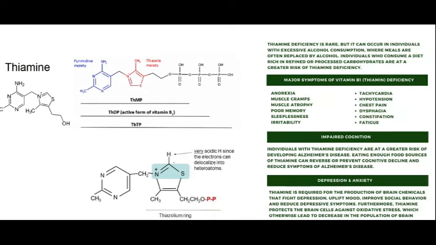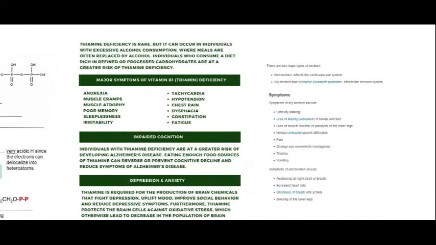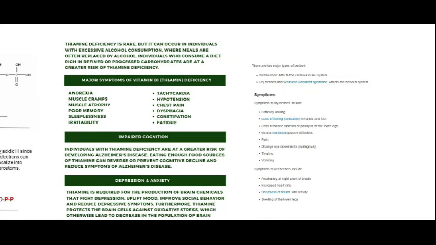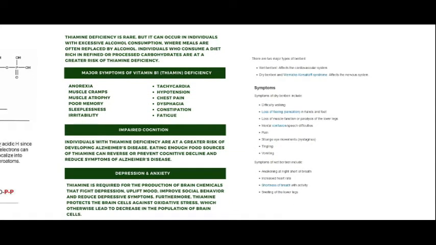Over here, I have some lists of symptoms of deficiency. So up here it says thiamine deficiency is rare, but it can occur in individuals with excessive alcohol consumption. So alcohol consumption can lead to thiamine deficiency, both because of the alcohol itself and also because alcoholics often don't have a good diet.